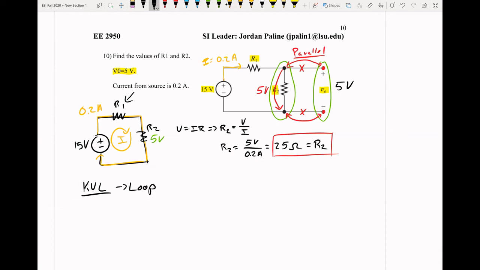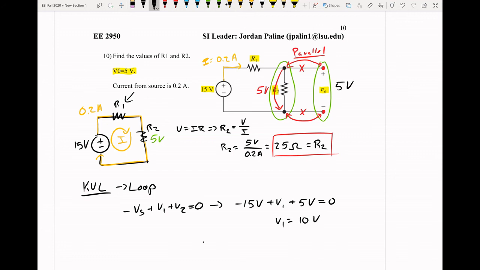So let's write negative VS plus V1 plus V2 is going to be equal to 0. And if we were to rewrite that, there's going to be 15 volts hitting the negative terminal, plus voltage 1, plus we found that there was 5 volts there. That's equal to 0, so V1 is going to be equal to 10 volts.